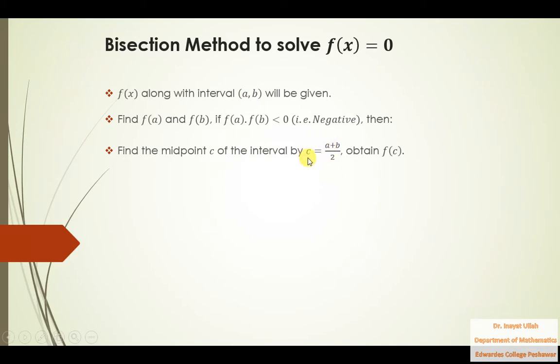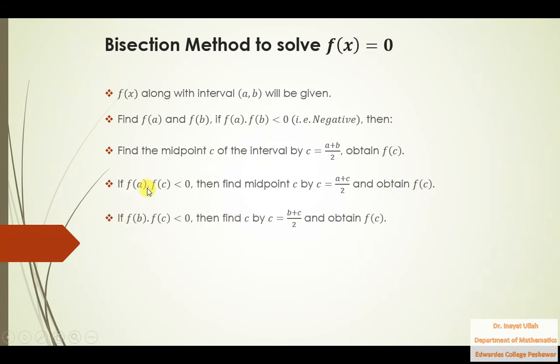Whenever we get c, we need to put c in the given function to obtain f of c, and observe this product. If the product of f of a and f of c is negative, then we need to find the other midpoint of the interval by a plus c divided by 2, and again obtain f of c.